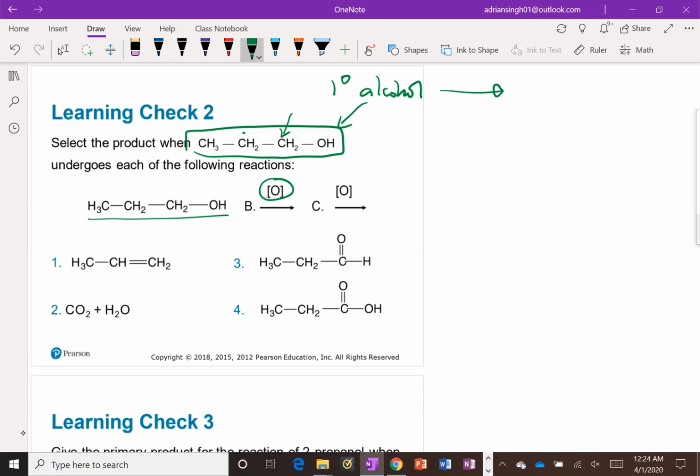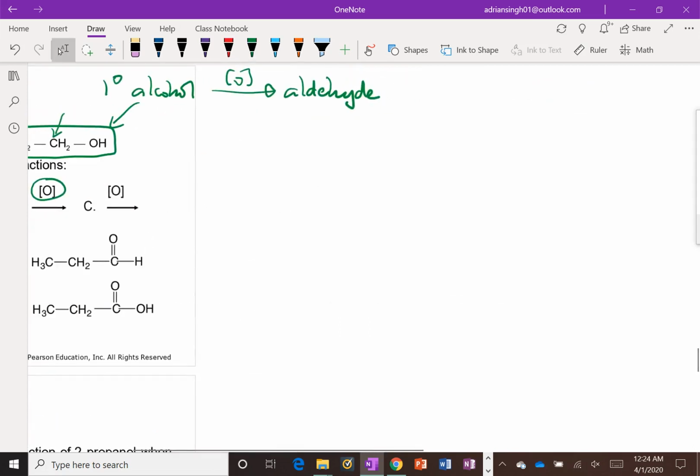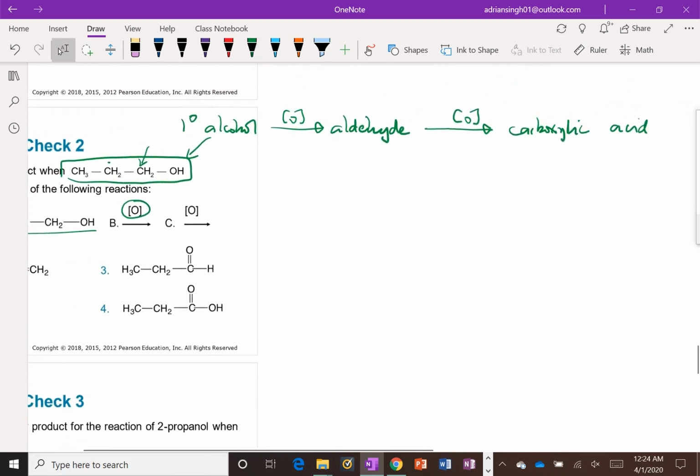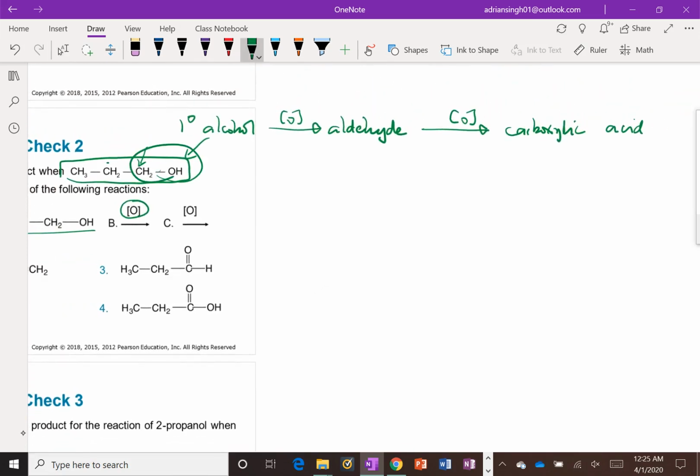Primary alcohols are oxidized first to the aldehyde, and then if you keep oxidizing it, we make the corresponding carboxylic acid.